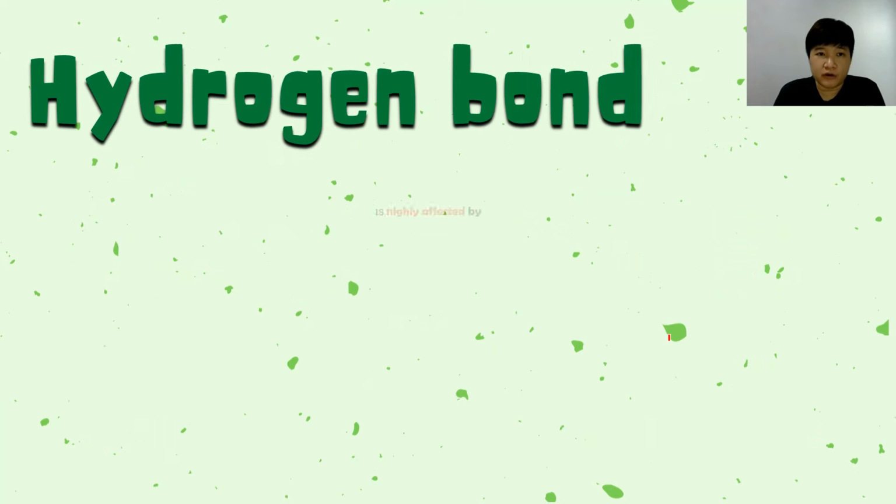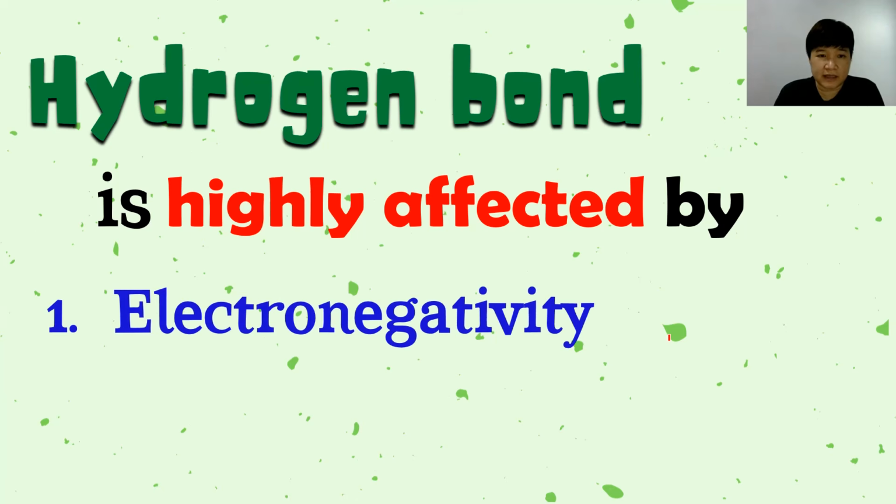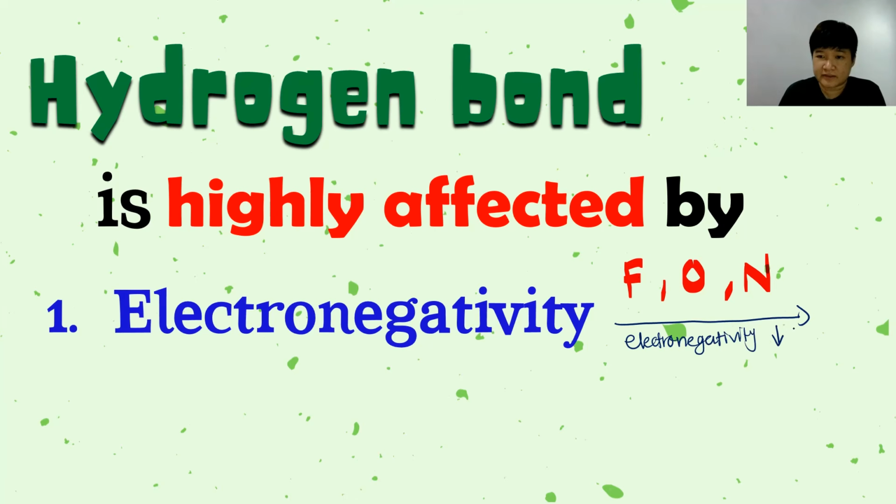And your hydrogen bond is highly affected by the electronegativity. So why does your hydrogen bond become a strong permanent dipole? Because F, O, and N, all three of these atoms are the highest electronegativity atoms in your periodic table. From F to O to N, the electronegativity decreases. In other words, fluorine has the highest electronegativity, followed by oxygen, followed by nitrogen.